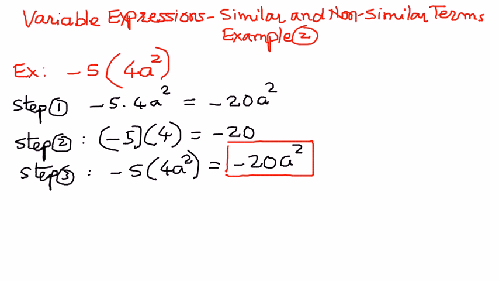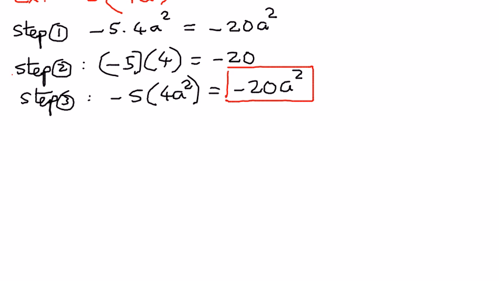This is our answer. Okay, let's take another simple example to see if we can explain this same concept. Let's say we want to simplify negative 7 times negative 2x. And the way we want to simplify this is as follows.